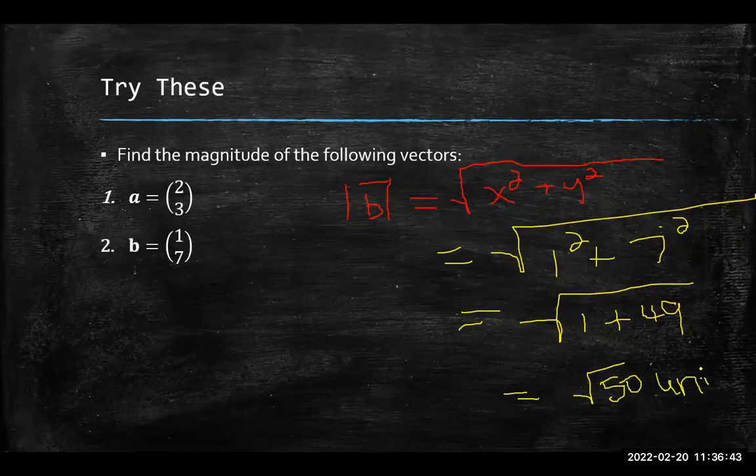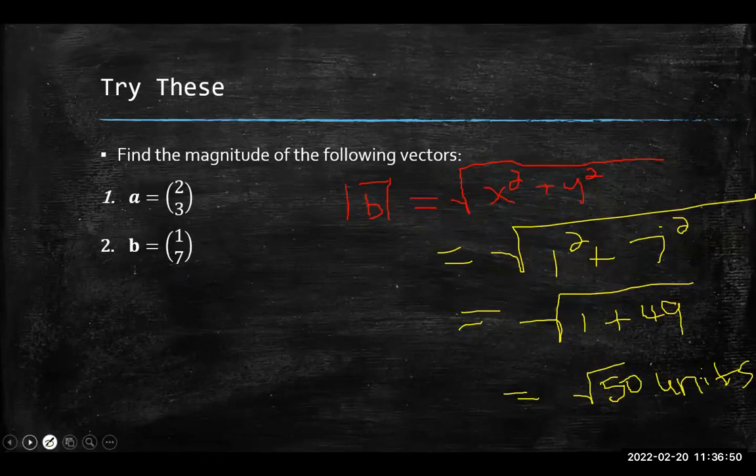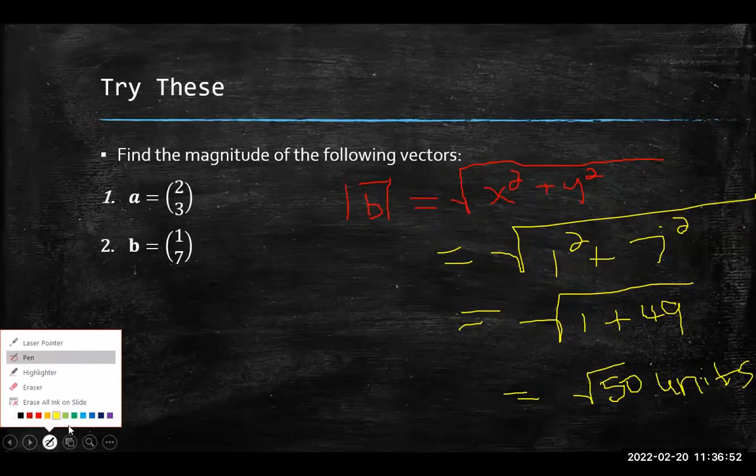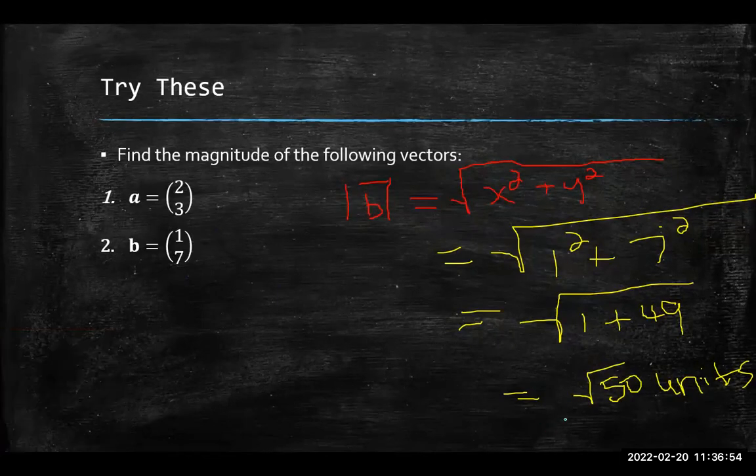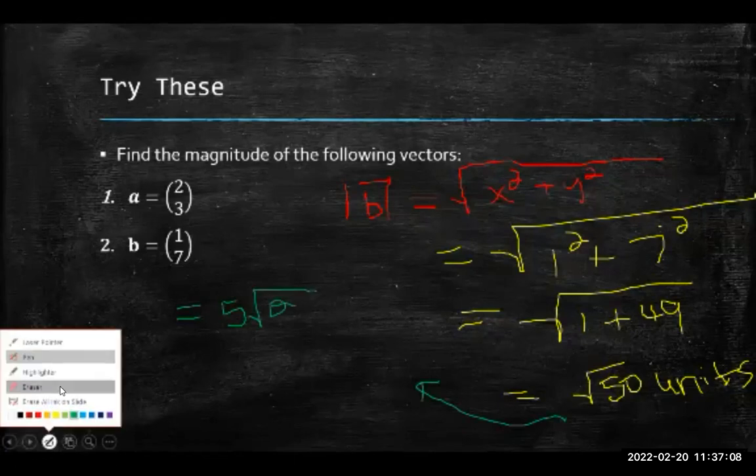Or if you wanted to be a little fancy and simplify it even more, we know 50 is the same as 25 times 2. So if I wanted to simplify this even more, my answer would be 5 root 2. 5 root 2.